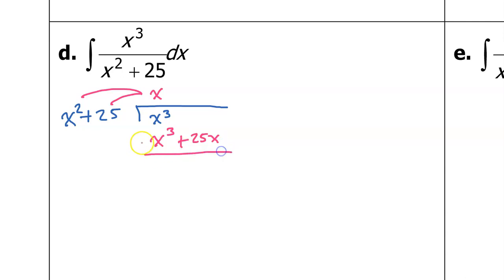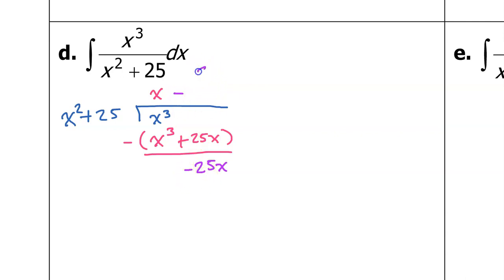And then we turn around and we subtract. So x to the third power minus x to the third power is 0. And then we have nothing minus 25x, so that's going to be a negative 25x. Once you notice that the degree of what you have is less than the degree of the divisor, you're looking at the remainder. So we say, take that negative sign and just put it right there.